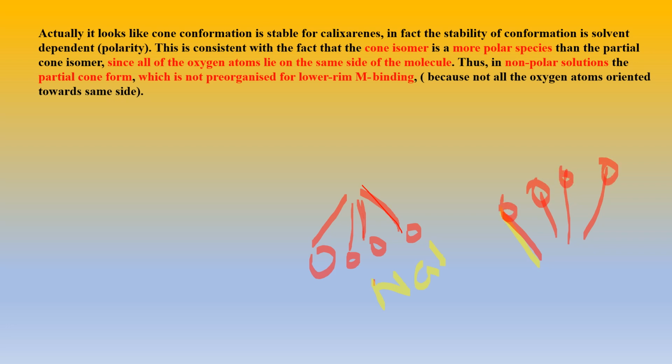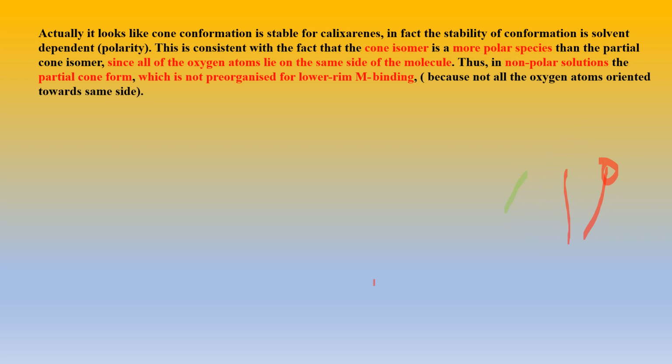Inside that cone, the sodium ion will be bound. It resembles a cone-like conformation of the Calixarene. It gives the appearance that the cone-like conformation is more stable, but it is not like that. It cannot be said that the cone is more stable.